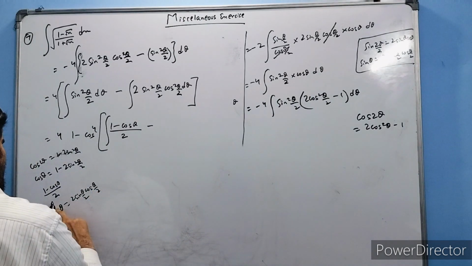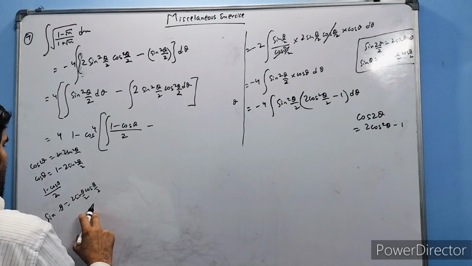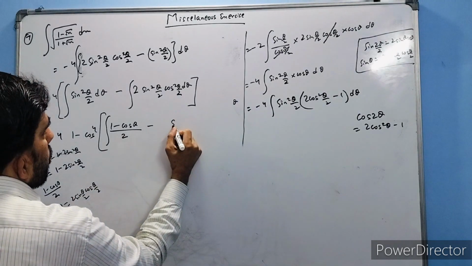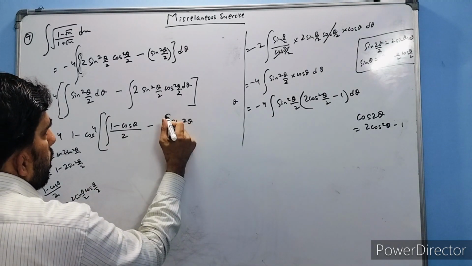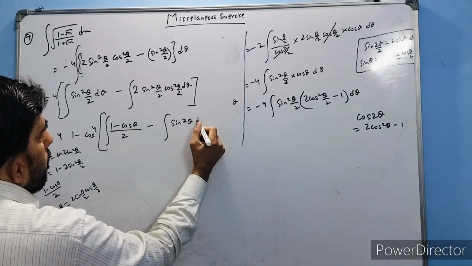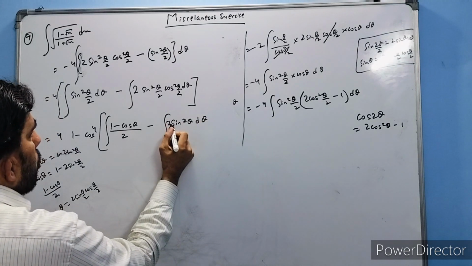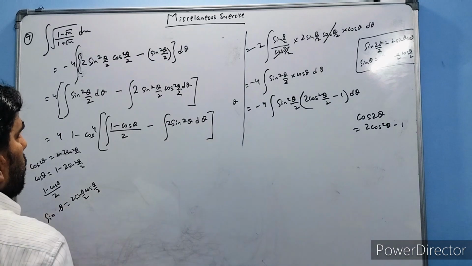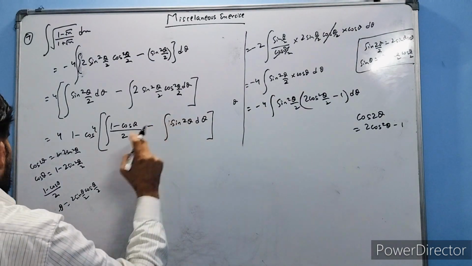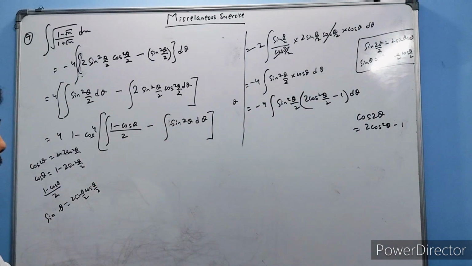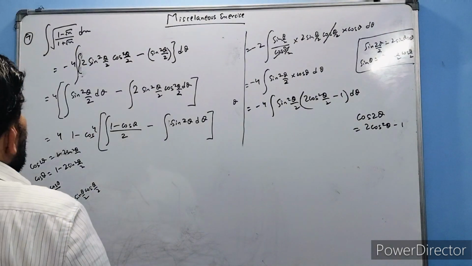If I take 2, it will be 2 sin theta cos theta by 2, but with sin theta it will be sin square theta. We have d theta, but here 2 is not there. Now I have solved this to sin square theta.